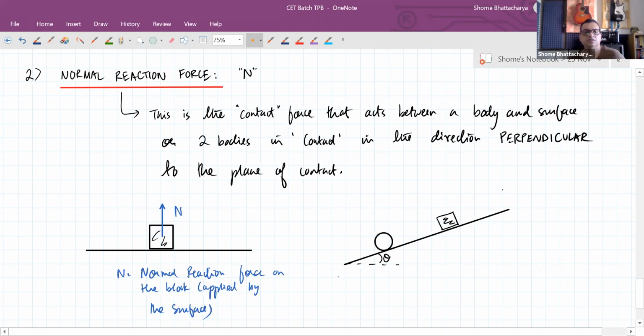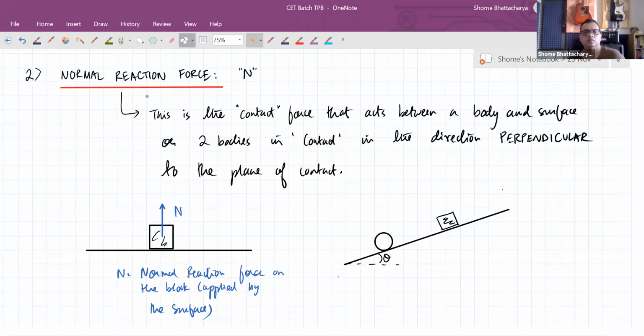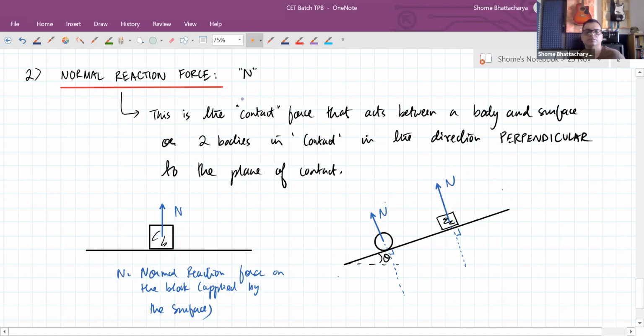They'll always experience a normal contact force which will be in the direction perpendicular to the surface. So in this case, it becomes along this sort of direction. This force will be along this line, which is perpendicular to the surface. So make a note of this, please.